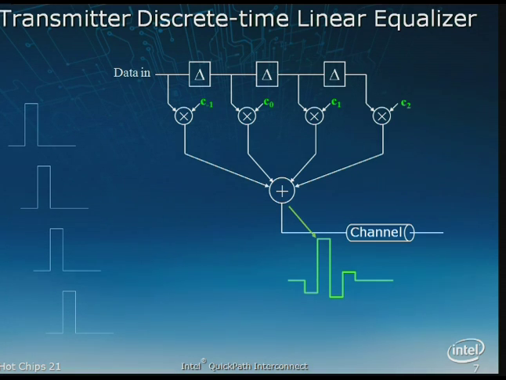At the transmitter, we don't care what the pulse looks like at the transmitter. We only care about what the pulse looks like at the receiver. And you'll find that across our different products, the smaller parts, Xeon 5500, have a certain number of taps. As we get to our bigger parts that go bigger distances, they have more taps for more control.